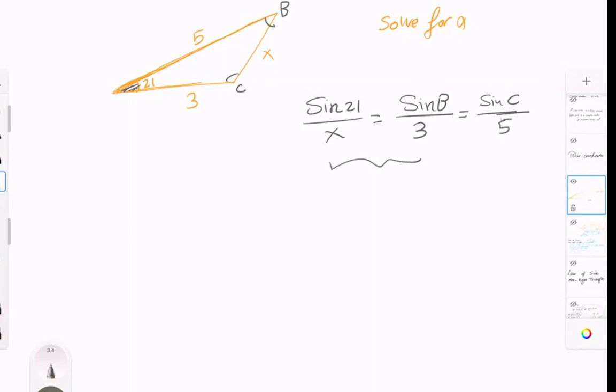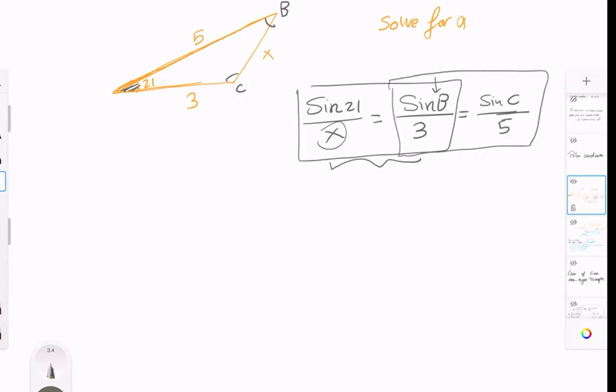Any two fractions I pick, I have two unknowns. If I pick these two, x is unknown, B is unknown. If I take these two, B and C are unknown. If I take these two, x and C are unknown. So I cannot solve with one equation and two unknowns. I'm not able to solve any of them. So law of sine is not going to work. Let's try law of cosine.